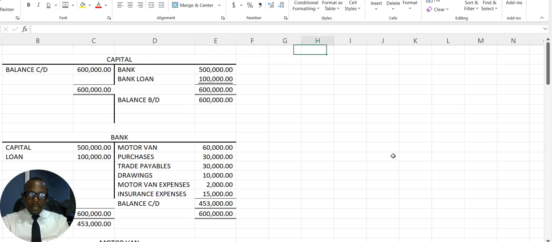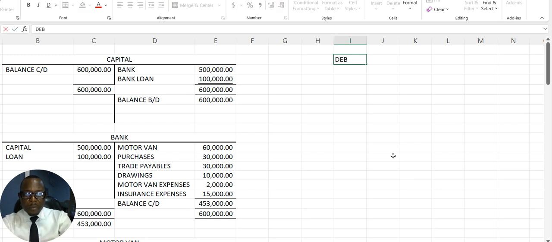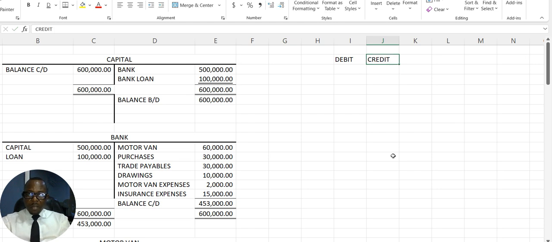Now, a trial balance is created by having two sides, still the two sides, credit and debit. So let's put debit here, and let's have credit here. Okay, and let's put trial balance.